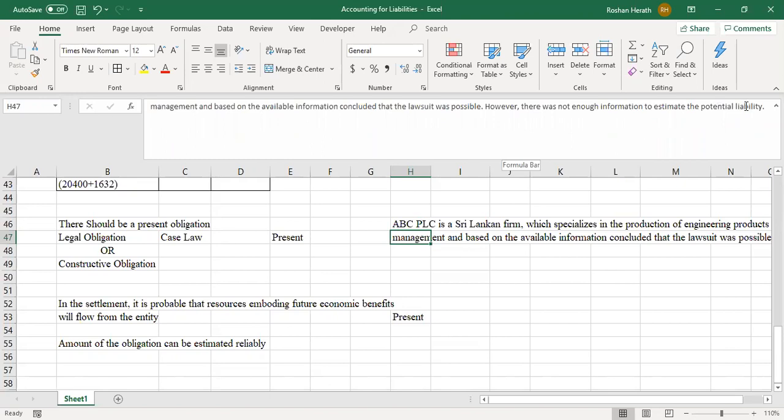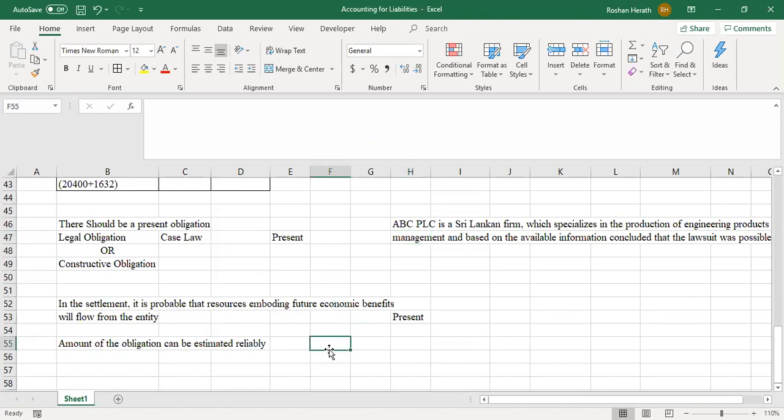Therefore, the amount of the obligation cannot be measured or estimated reliably. So the third criterion is not there. It's absent.